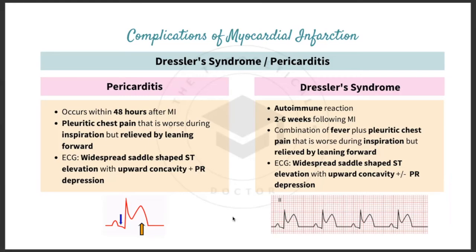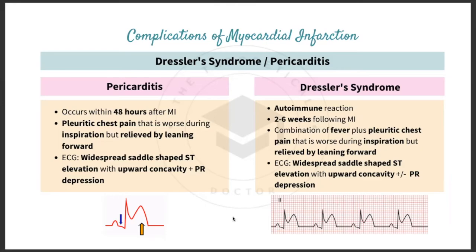In the case of Dressler syndrome, they may even have fever. The difference in duration: for acute pericarditis, it's 48 hours after a myocardial infarction. For Dressler syndrome, it's 2 to 6 weeks following a myocardial infarction. And the difference here is that Dressler syndrome is an autoimmune reaction.